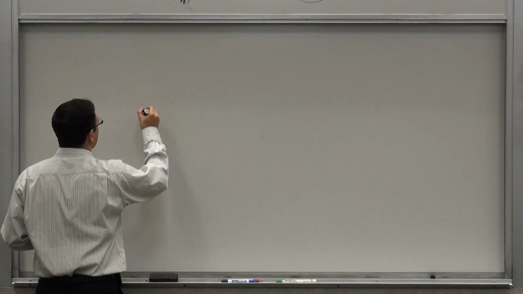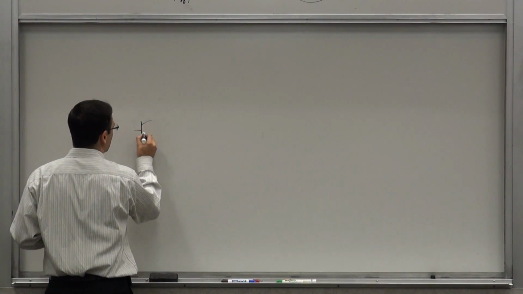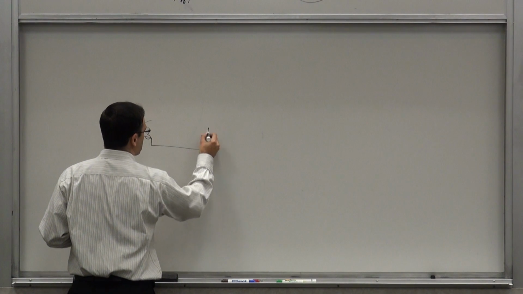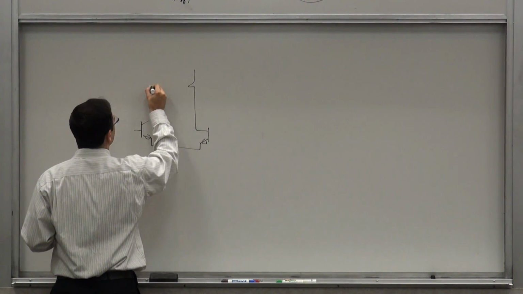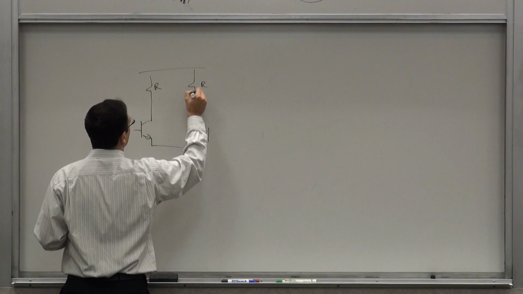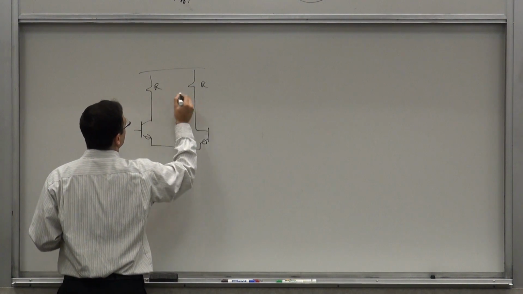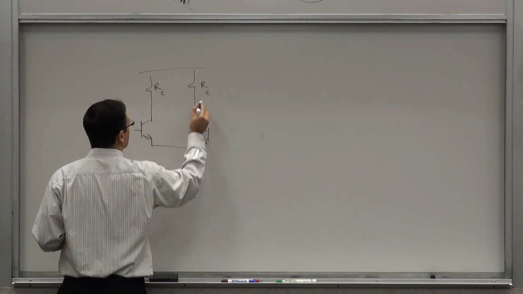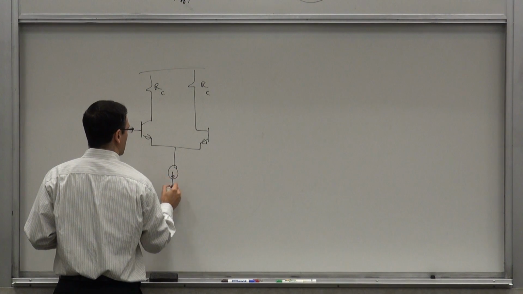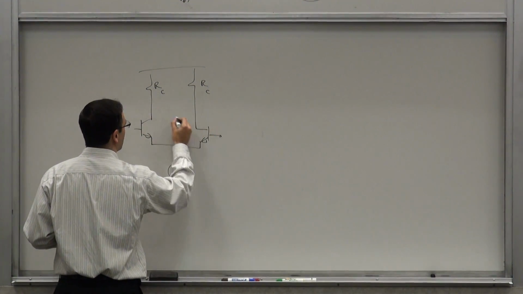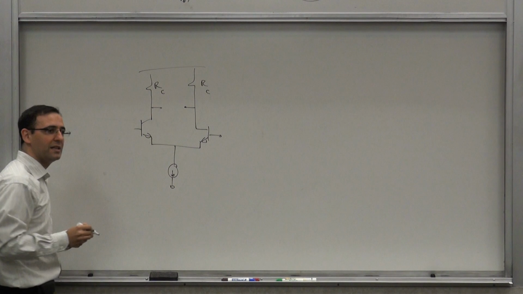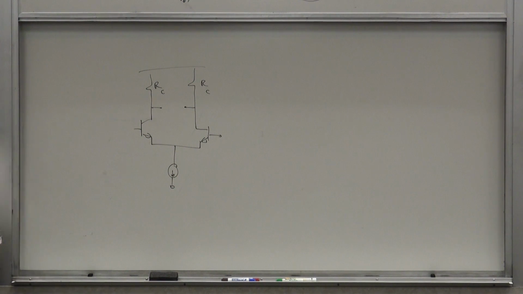So I'm making a differential amplifier. Let's say something similar, with resistive loads. And you want to bias it somehow, so the differential gain is independent of temperature and supply and process.